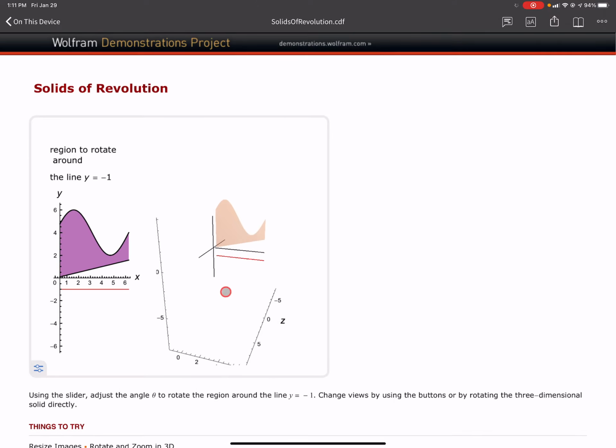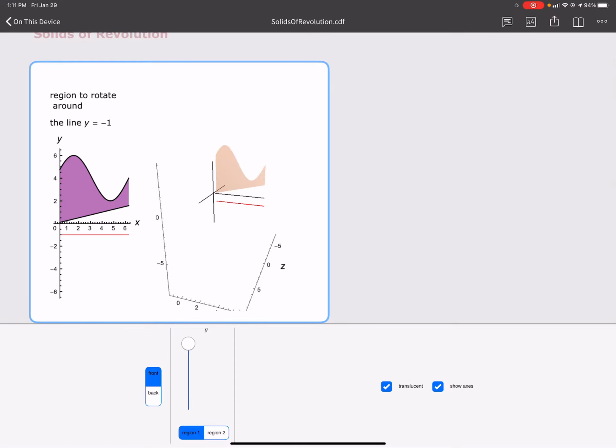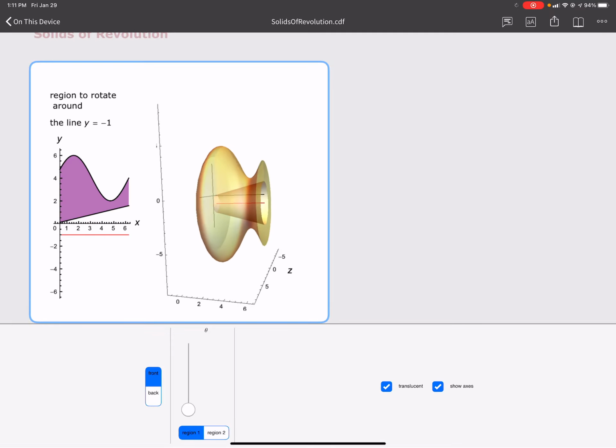This one, it almost looks like a sine wave shifted up and then a line, and we have a shaded region, and we're going to rotate around the x-axis again. As we rotate, you produce a shape. And so you can see what's happened.